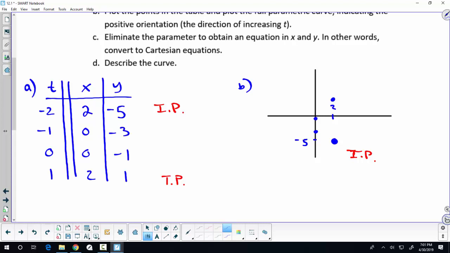So, do we know what that is? Looks like a sideways parabola. Yeah, maybe a sideways parabola. One way we could fix that is to pick more values of t between -2 and 1 and plot those. Maybe at this point we would say I need a few more values because I don't quite know what this is going to be.